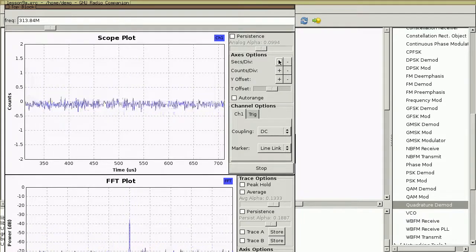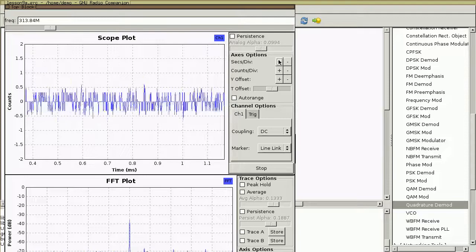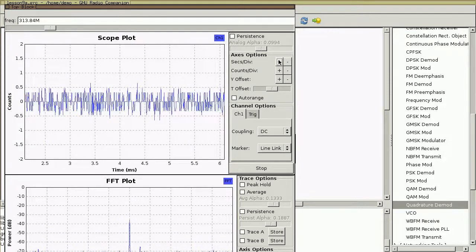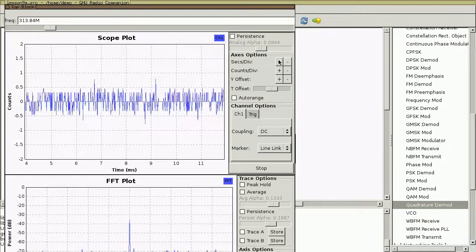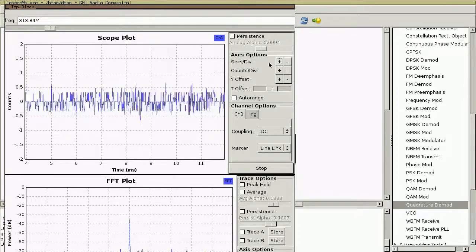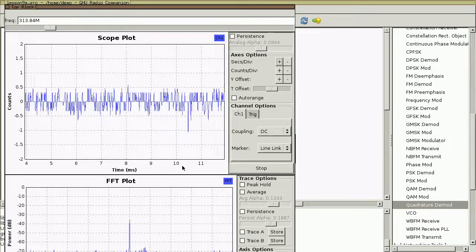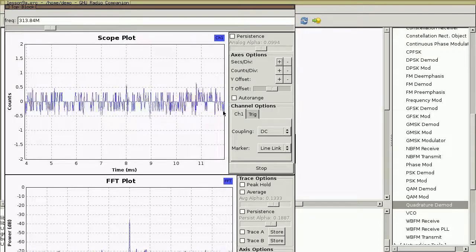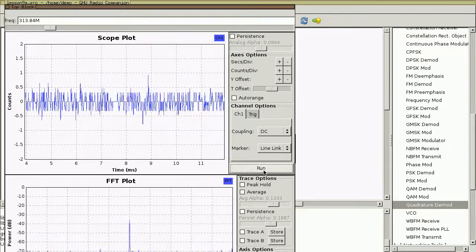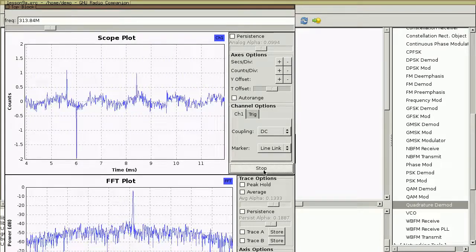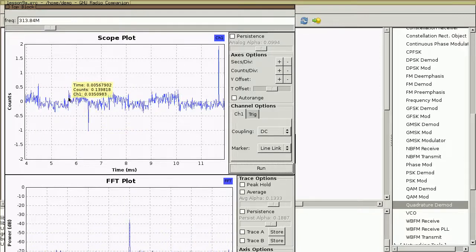It's a little bit messy, but you can see some things are moving a little bit. Oh, look at that. Do you see? As I've increased my seconds per division to a scale where I'm seeing milliseconds, you can see a little bit if I stop here during a transmission. Do you see how it kind of goes up and then down and then up and then down and up and then down? This, I think, is how the bits are being transmitted, but it looks really noisy.